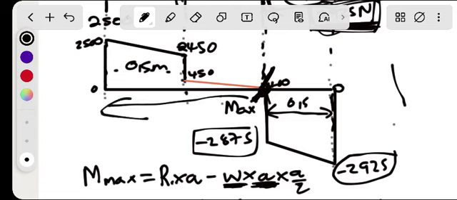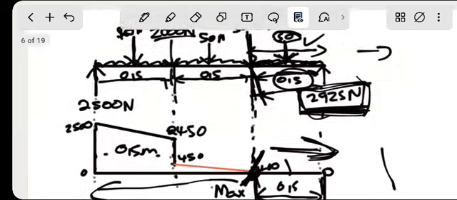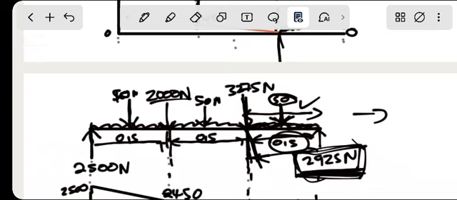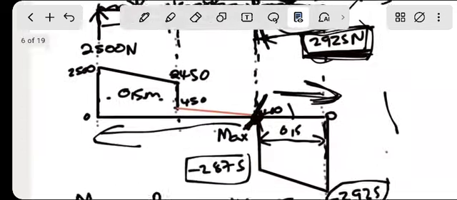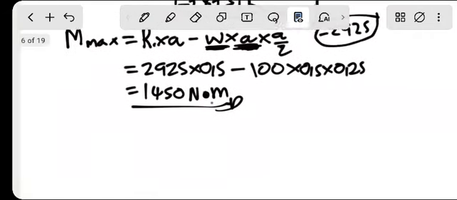I've decided to take the bending moment about the right side, because I only have two forces here, but on the left we'll have many forces. If you take it from the left, you'll have this force 50, 2050. You see, there are many, so I just considered the right. We take the moment until here where the maximum bending moment is acting. So this is what you're supposed to have, guys.